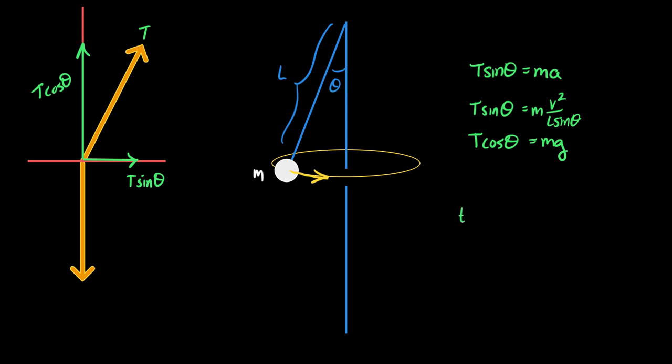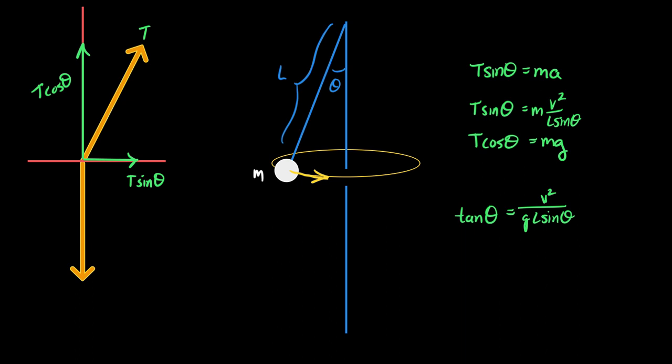So, M's cancel. Well, that gets you V. That's not what I asked for. I asked for the period of oscillation.